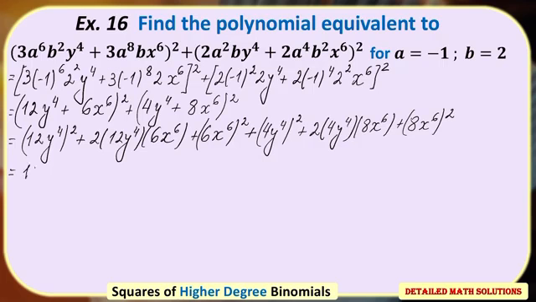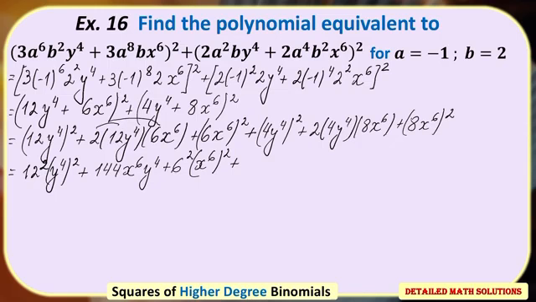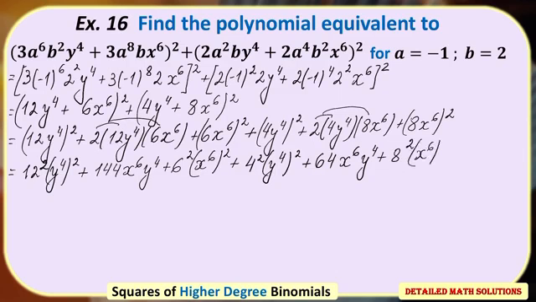When I do that, I get 12 squared y to the 4th power, in parentheses, squared, plus 2 times 12 times 6 is 144 x to the 6th power y to the 4th power, plus 6 squared x to the 6th power, in parentheses, squared, plus 4 squared y to the 4th power, in parentheses, squared, plus, for the next term I need to multiply the numerical parts of the term, and I have 2 times 4 times 8 is 64 x to the 6th power y to the 4th power, plus 8 squared x to the 6th power, in parentheses, squared.